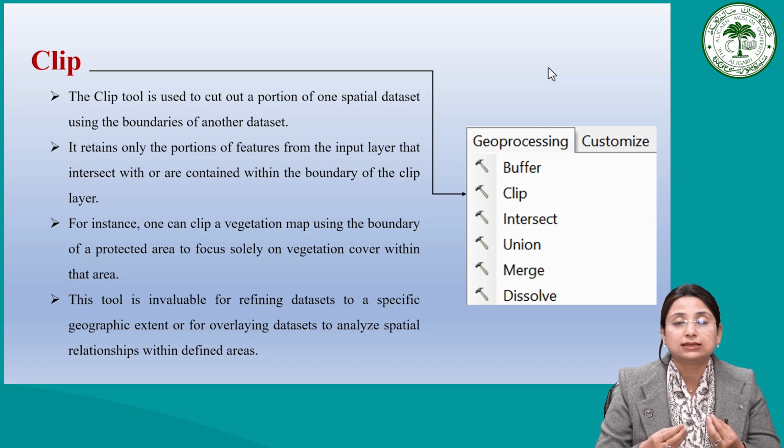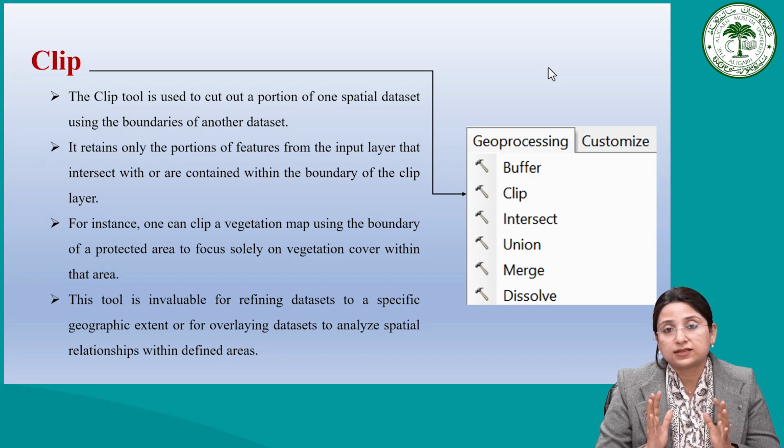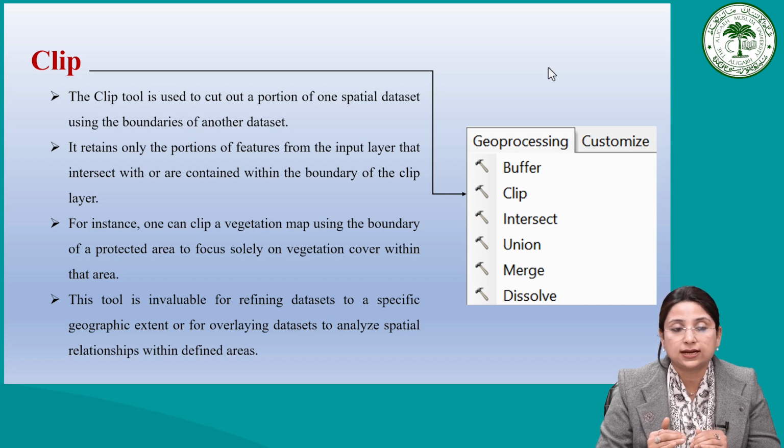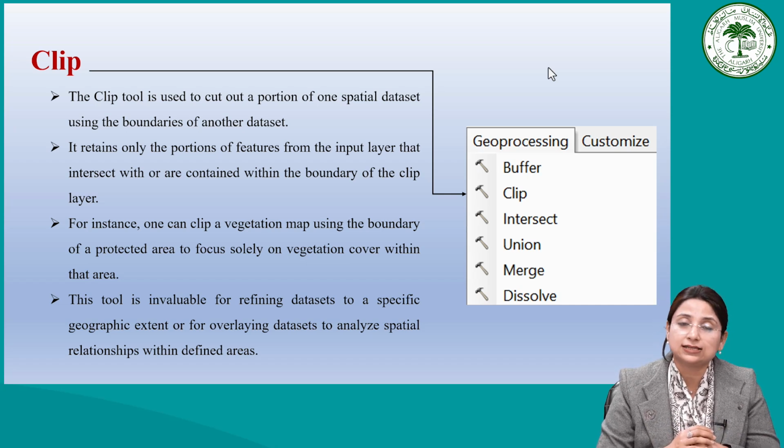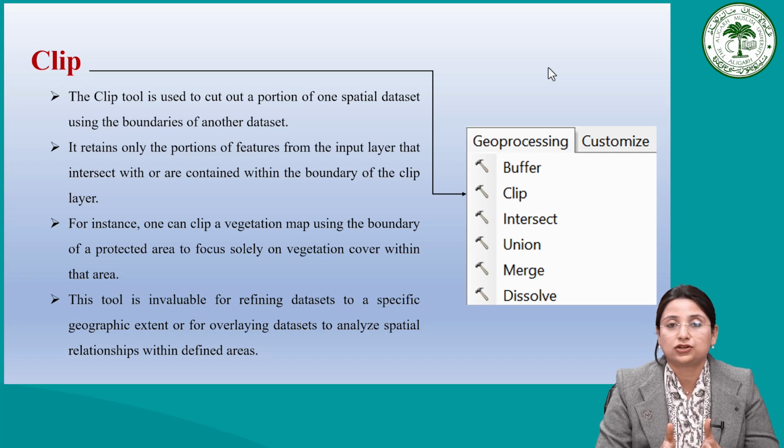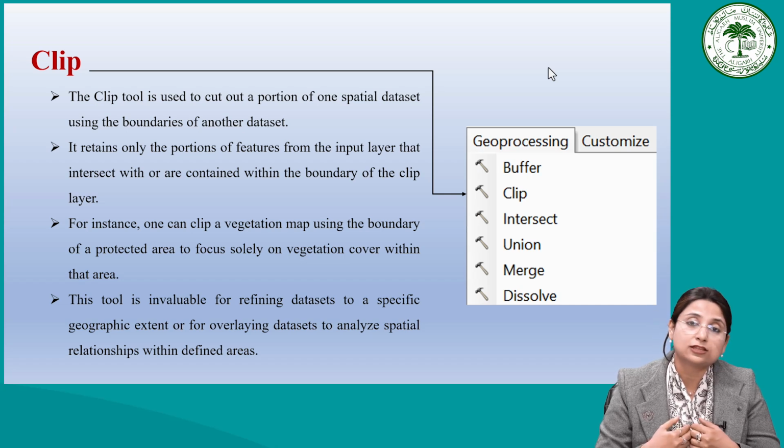So this tool is very valuable for refining data sets to a specific spatial context, and mainly for overlaying data sets in order to analyze different types of existing relationships and different types of trends in spatial data.